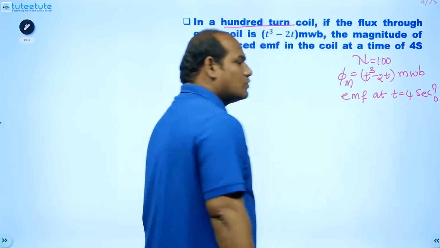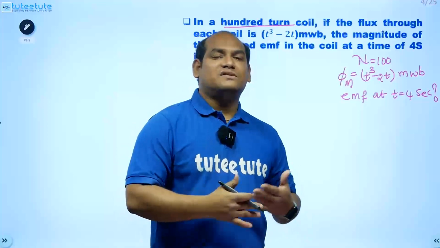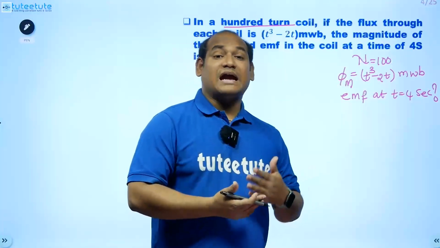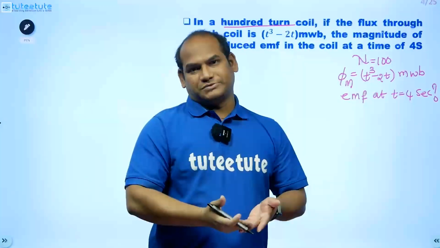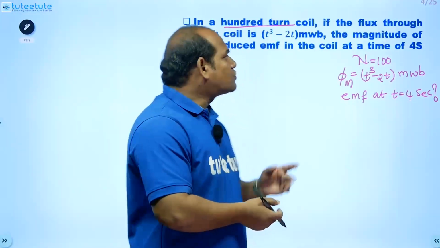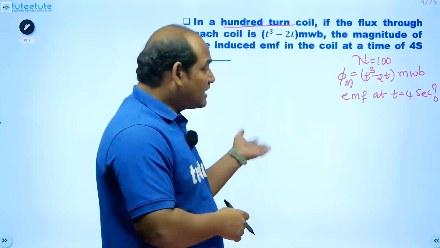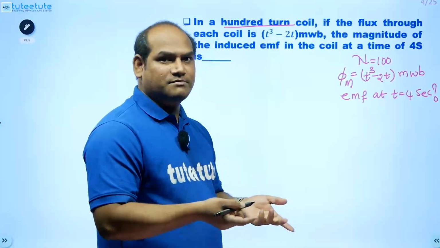So using Faraday's law we can write. We should have knowledge of the different laws in EMF, and we need to remember what type of relation each law gives, in between what variables we have the relation. That is what we should get the idea of. The question is related to Faraday's law, because it is talking about EMF and magnetic flux.